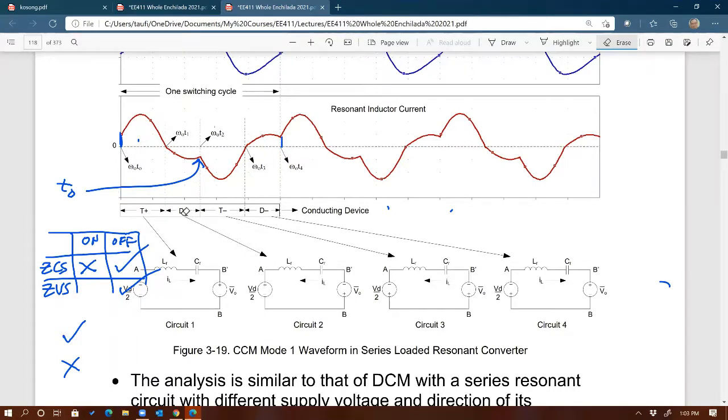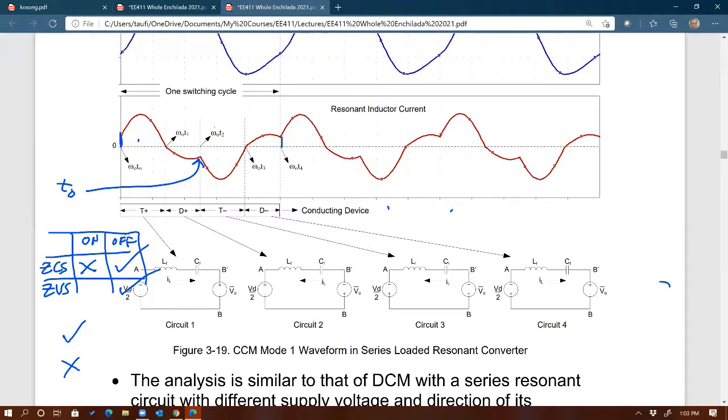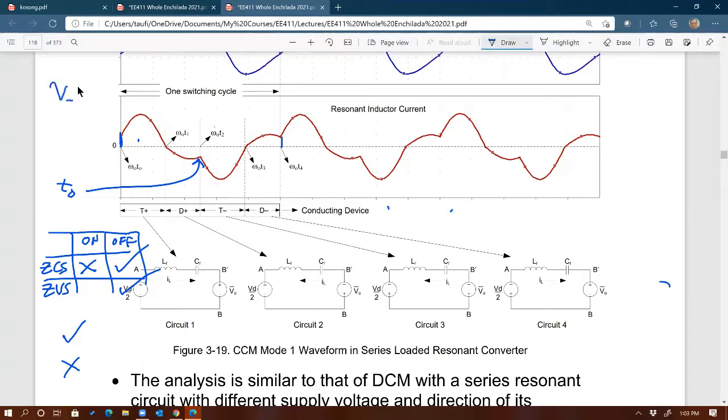If the voltage across T plus, which is across D plus, is equal to 0, that means T minus will have to have VD across it. So V of T minus at T0 minus must be equal to VD. V of T minus at T0 plus is easy, that's going to be 0 because it's conducting already, right?